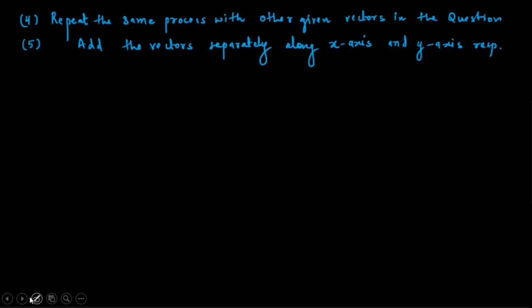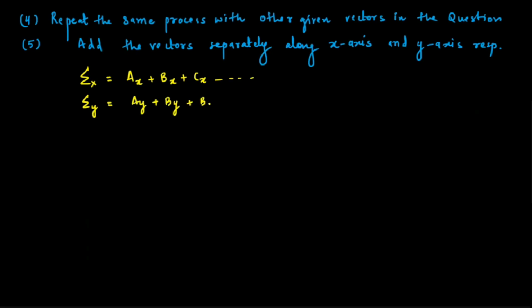Like how it should be done. Suppose we are writing summation along x-axis. It is going to be ax plus bx plus cx, whatever number of vectors are there. Similarly, summation along y-axis is going to be ay plus by plus cy, like that.